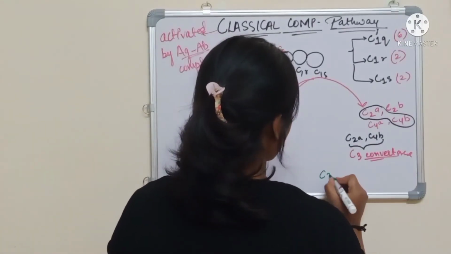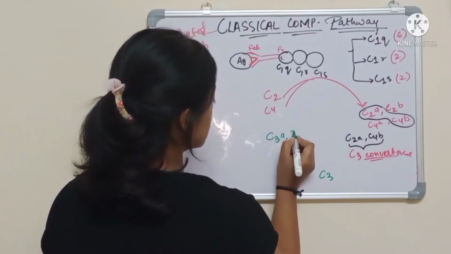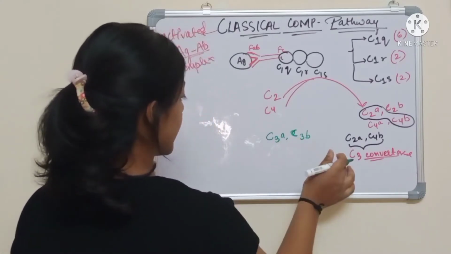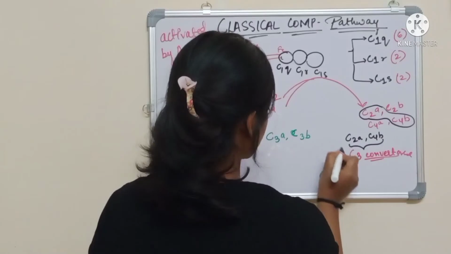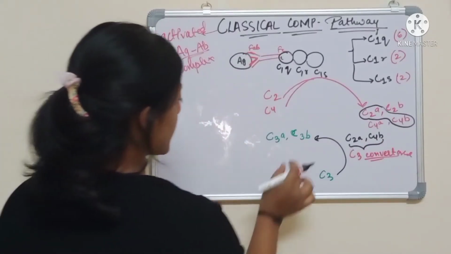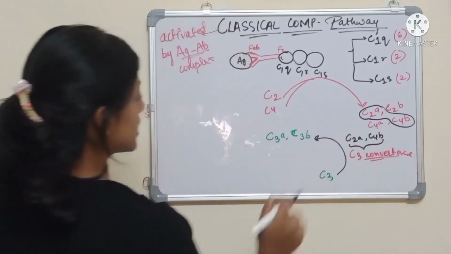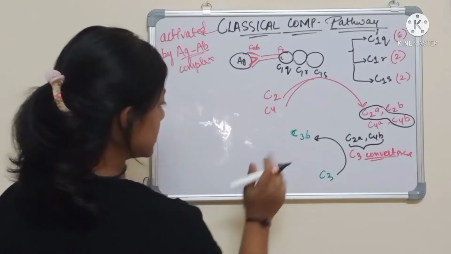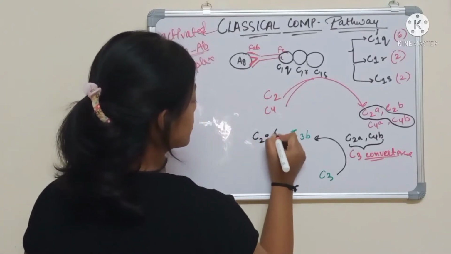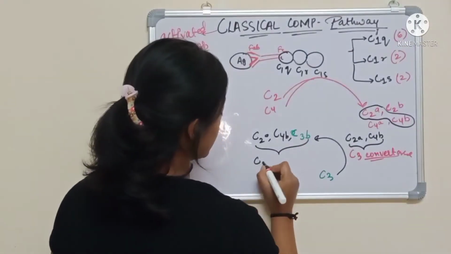Now C3 will be converted into C3a and C3b by C3 convertase, by this C2a and C4b. Now C3b combines with C2a and C4b to form C5 convertase.